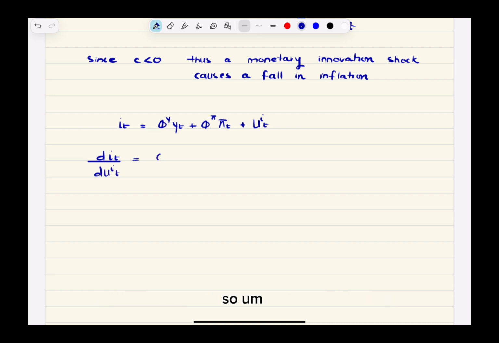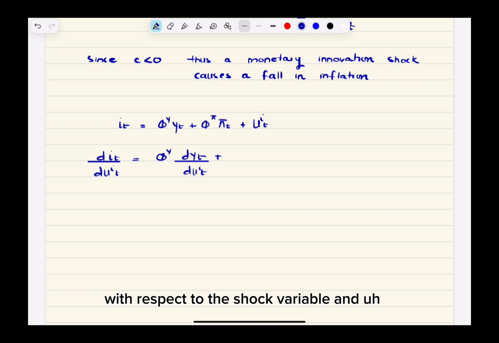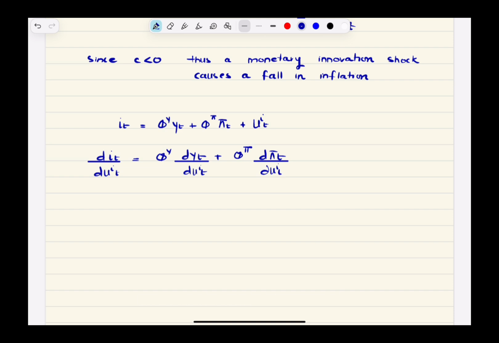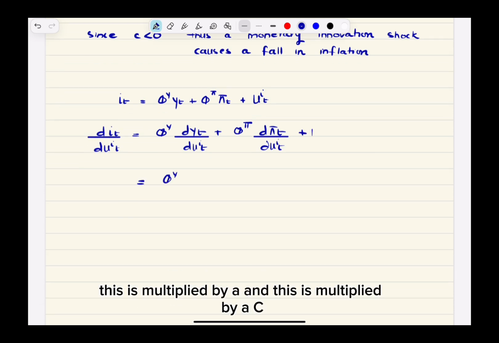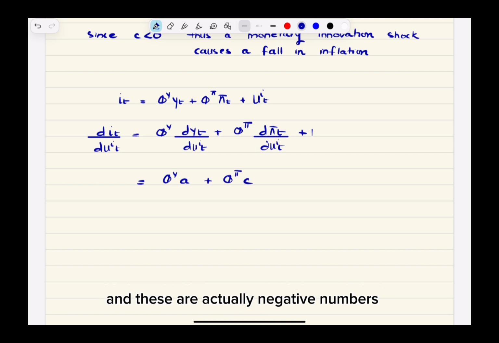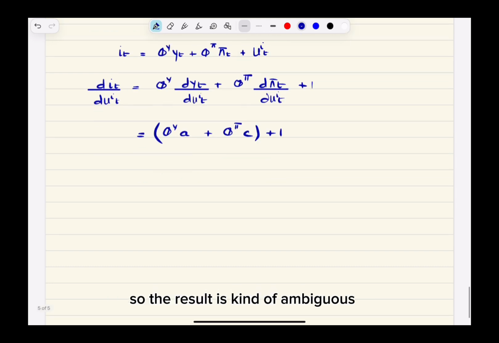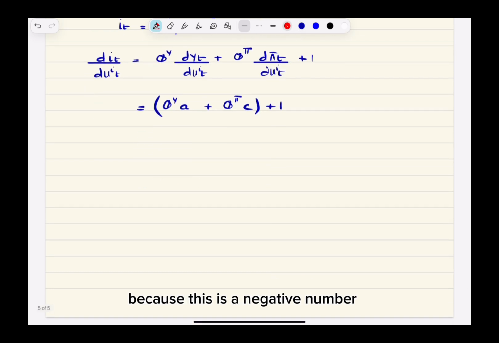So I'm going to get the change in output with respect to the shock variable, and then the derivative of inflation with respect to the shock variable, and this obviously becomes a 1. So this is multiplied by A, and this is multiplied by a C, and these are actually negative numbers, and this is a positive number. So the result is kind of ambiguous because this is a negative number.